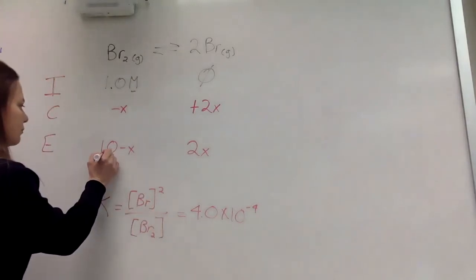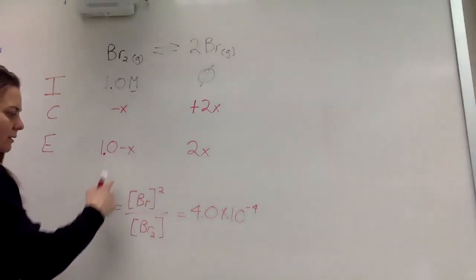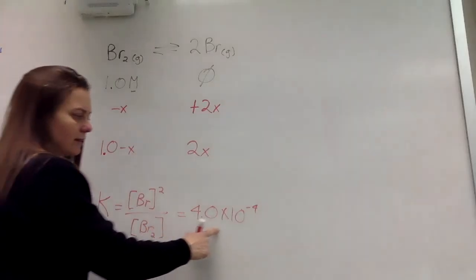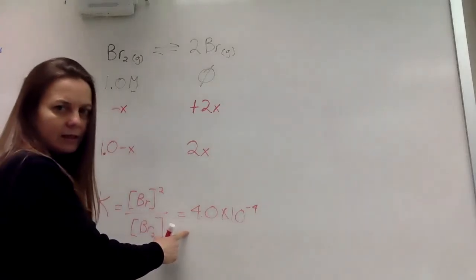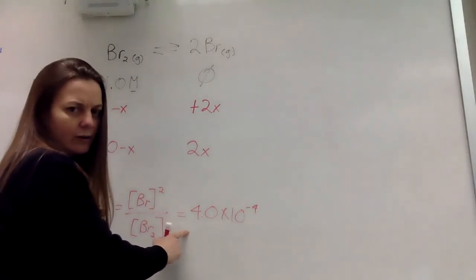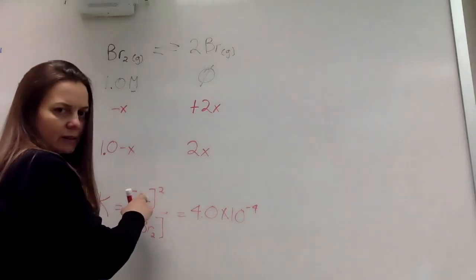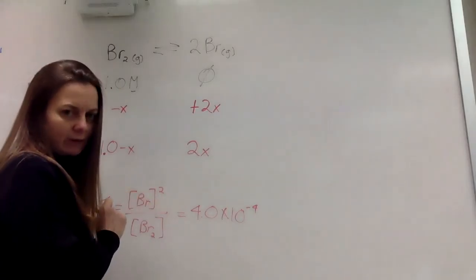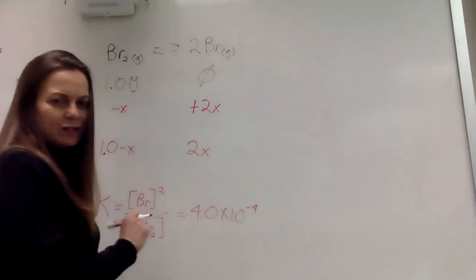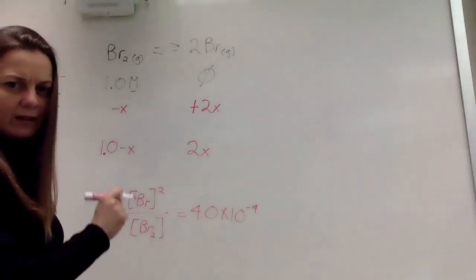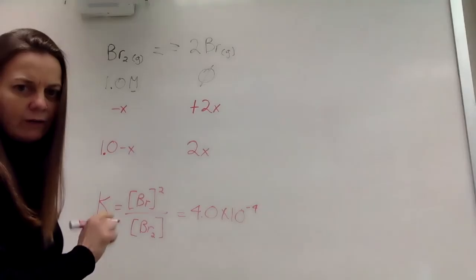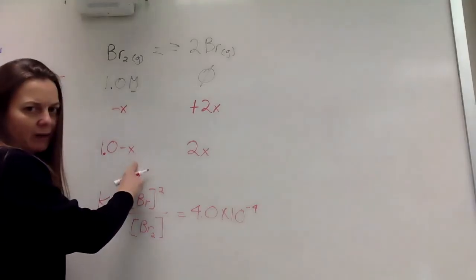So we know that this is 1.0 minus x, but we also can see that this equilibrium constant is really, really small. So that means that this x value is probably also going to be very, very small. In fact, it just might be small enough that with consideration of significant figures, we might not see its impact here.